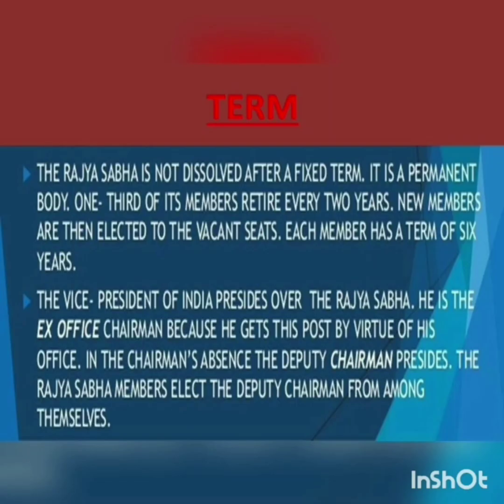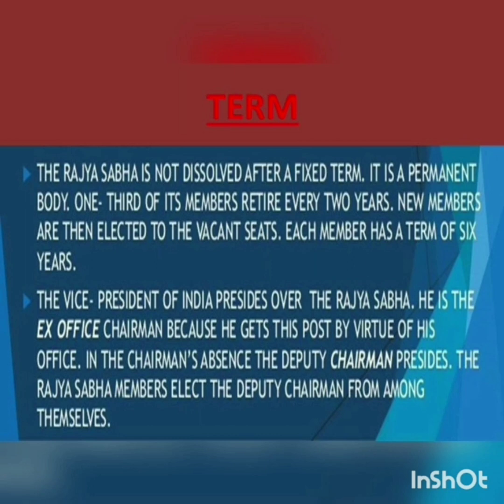Now see the term, tenure, or we can say period of the Rajya Sabha. The members of the Rajya Sabha are elected for a term of 6 years. The Rajya Sabha is not dissolved after a fixed term. We have seen in Lok Sabha that it gets dissolved after a fixed term, but Rajya Sabha is not dissolved after a fixed term, so it is called a permanent body.